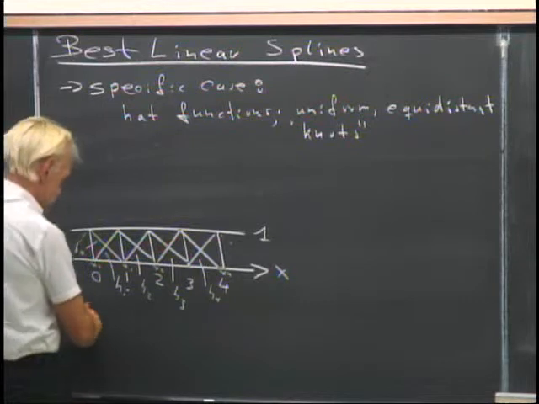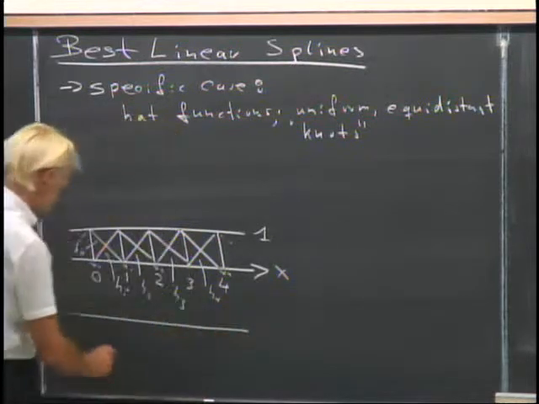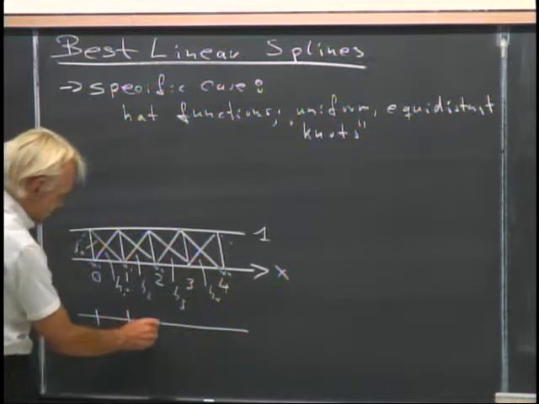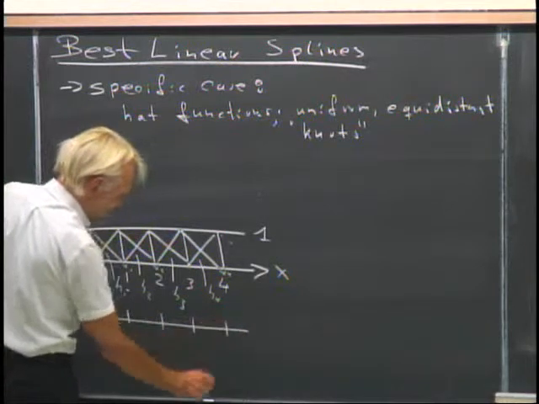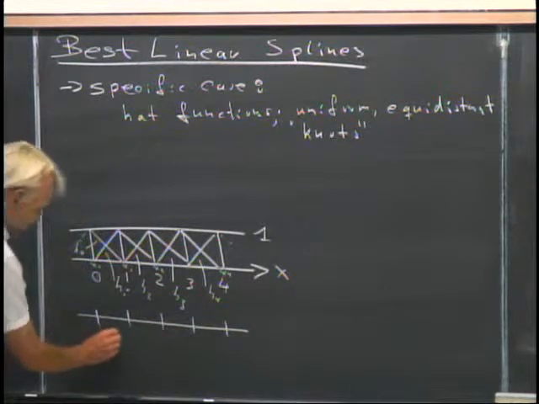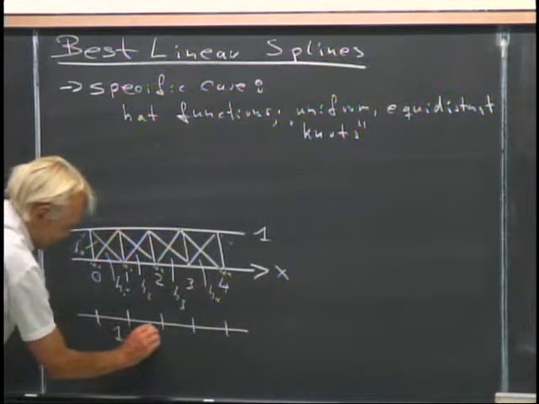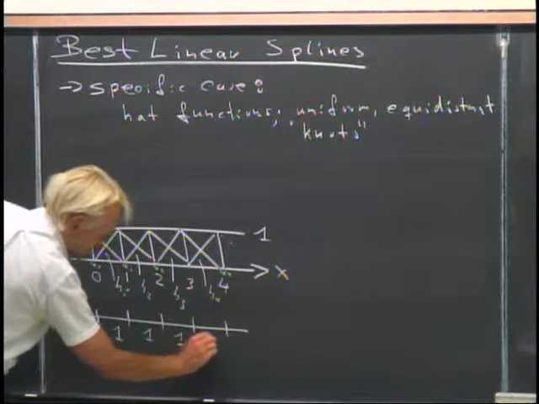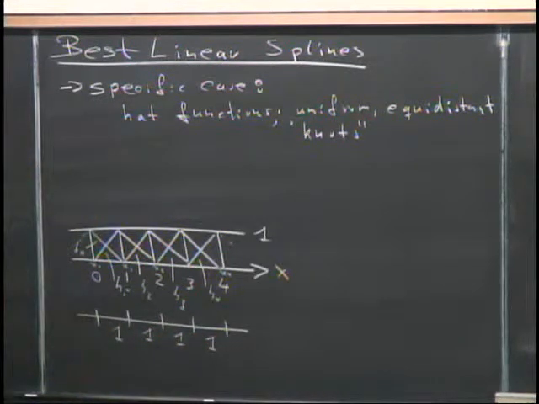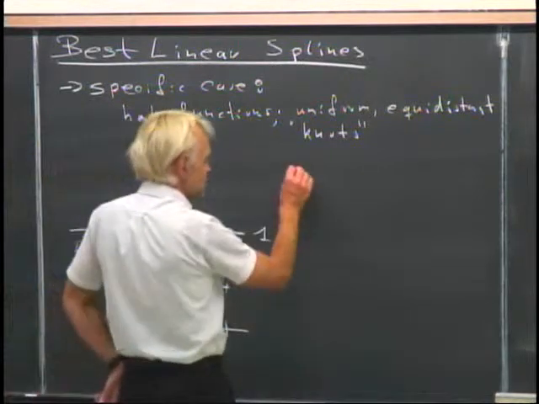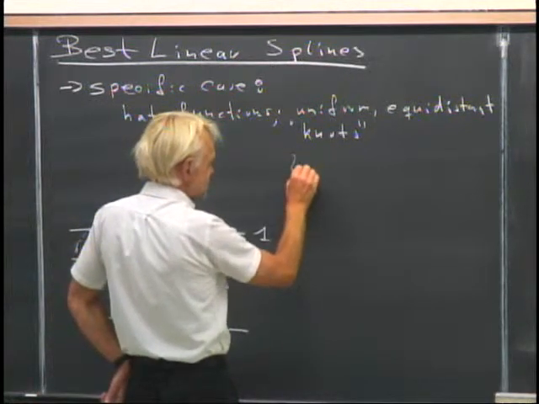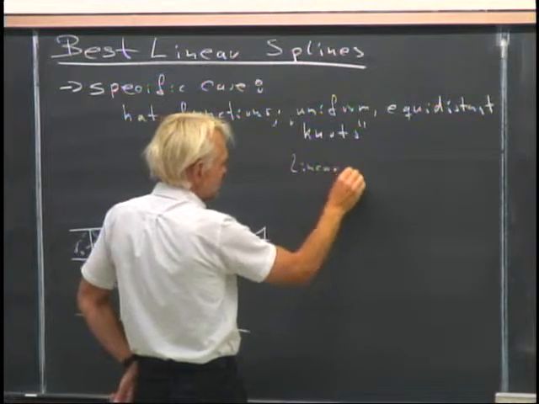Now, the spacing is obviously equal, uniform spacing, and the deltas here are all 1. The distances between these subintervals are 1. And we construct an approximation. So this is the linear spline approximation.